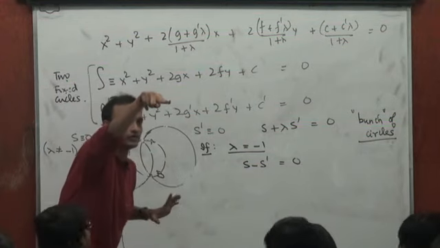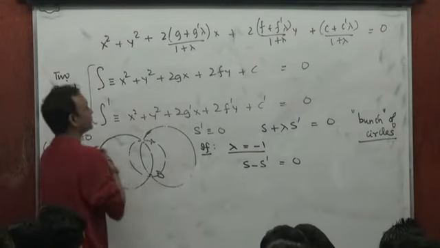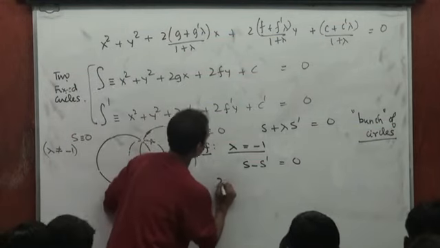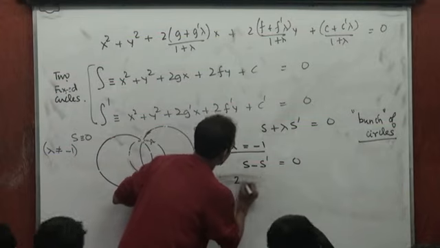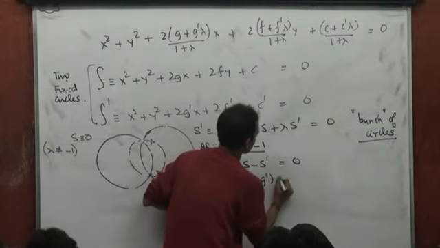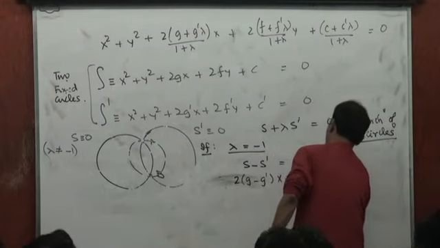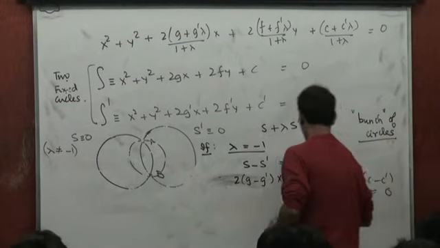Are you lost or are you there with me? Fine. So when lambda is -1, S minus S prime is 2 into (G minus G prime) into X plus 2 into (F minus F prime) into Y plus (C minus C prime) equal to 0.